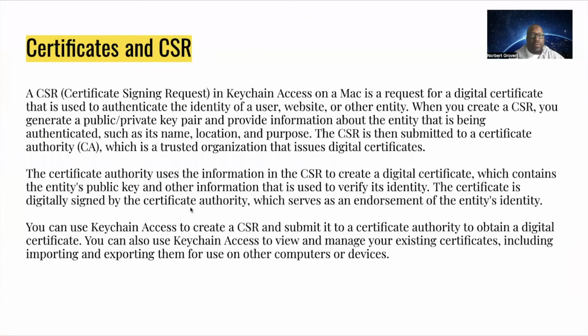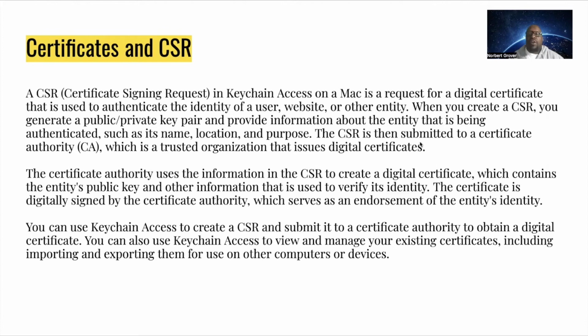And so now a CSR, a certificate signing request in Keychain Access on a Mac, is a request for a digital certificate that is used to authenticate the identity of a user, website, or other entity. When you create a CSR, you generate a public-private key pair, and provide information about the entity that is being authenticated, such as its name, location, and purpose.